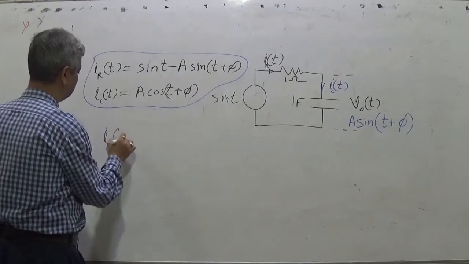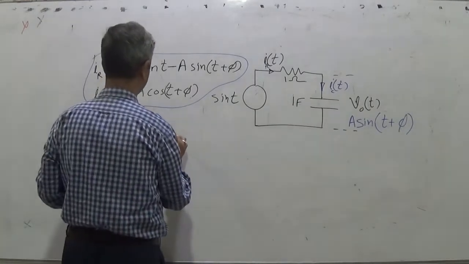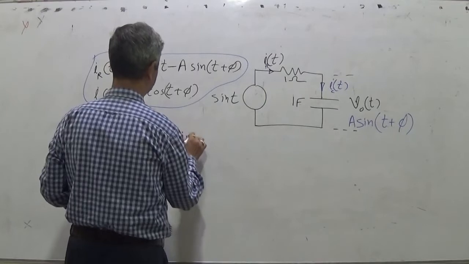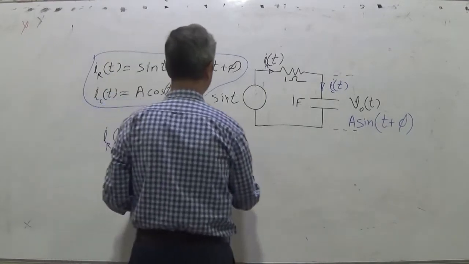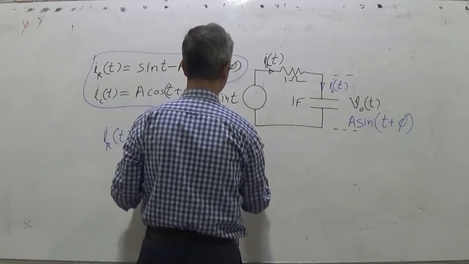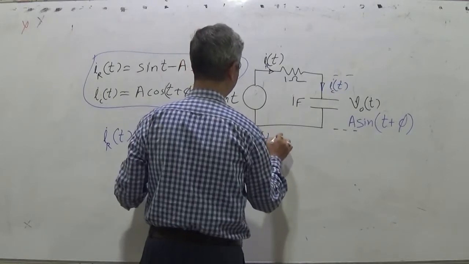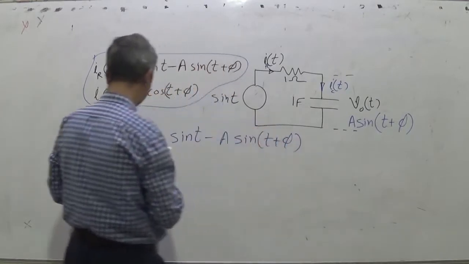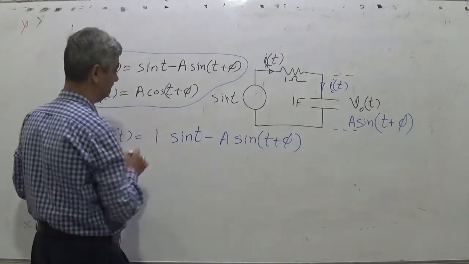IR(t), which is sin t minus A sin(t plus phi). So this is 1 sin t.